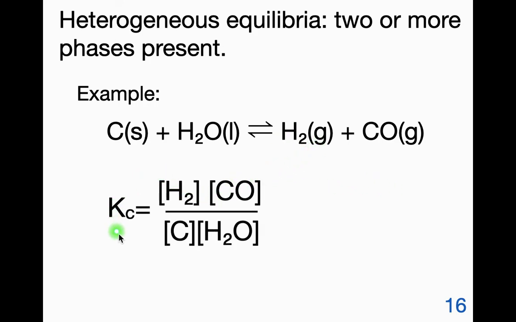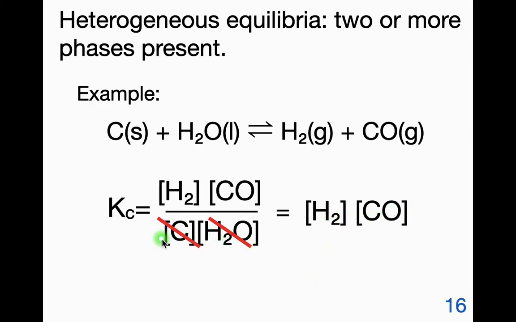So when we write our equilibrium expression, we need to keep in mind that we do not include solids, we do not include liquids. We simply omit them. They are not included in our equilibrium expression. This is our equilibrium expression. Kc is equal to this.